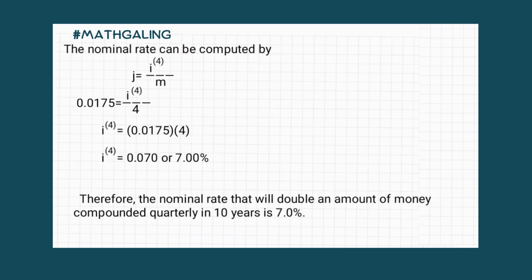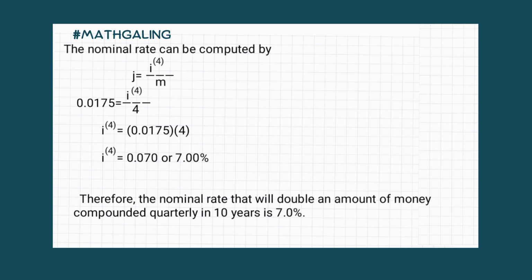So the nominal rate can be computed by g is equal to i raised to the power of 4 over m, and 0.0175 equals i raised to the power of 4 over 4, and i raised to the power of 4 is equal to 0.0175 times 4.